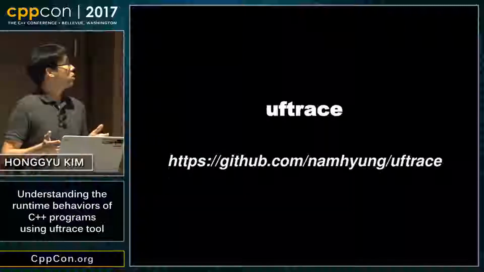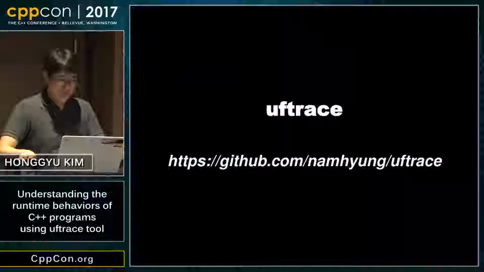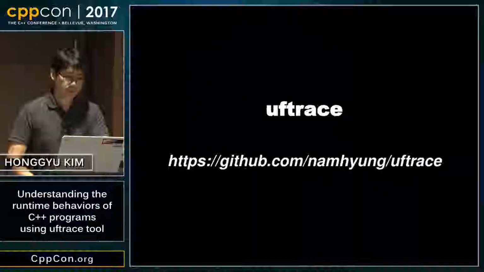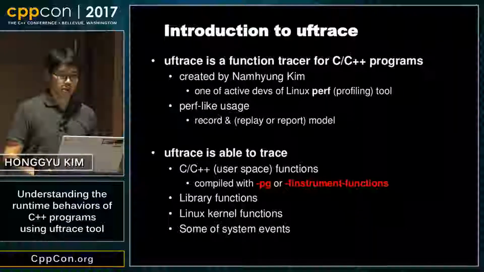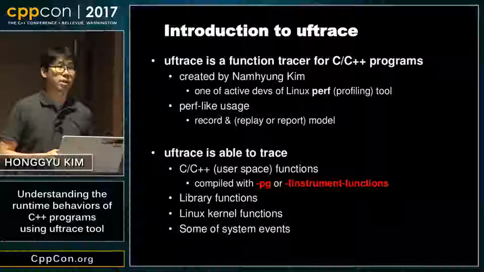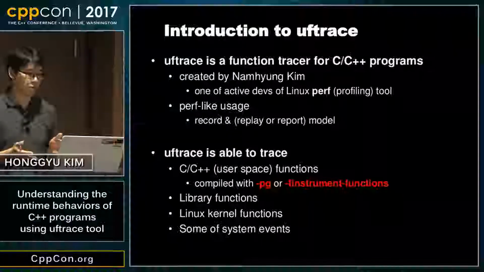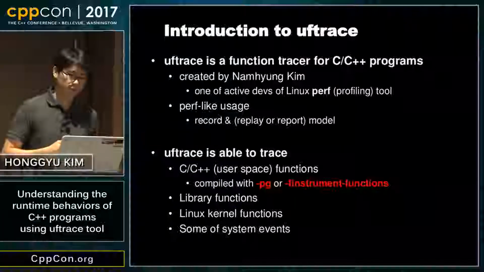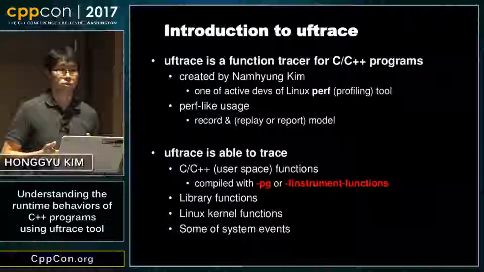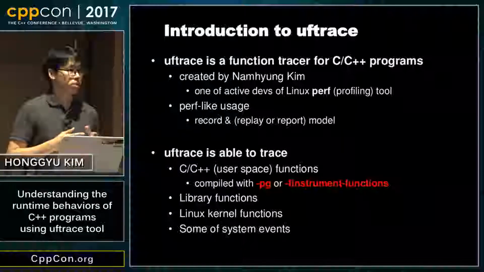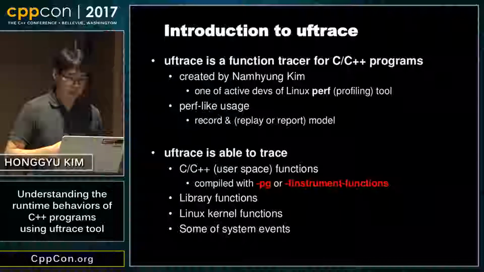Okay, uftrace is an open source tracing tool, and you can download it from GitHub. uftrace is created by Namhyung Kim, one of the active developers of the Linux perf profiling tool. So this tool is just like perf.